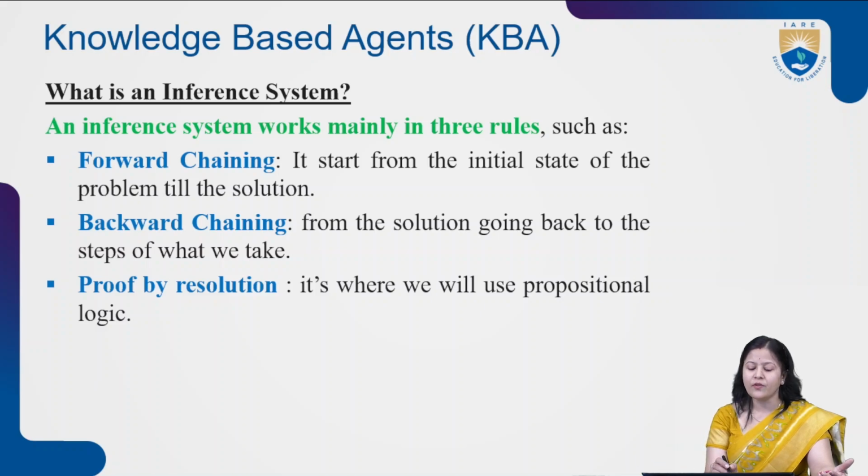Backward chaining goes from the solution back to the steps we took. That means the goal has already been achieved, but what was the observation, what was done by the agent, can be derived using the backward chaining process. And proof by resolution is where we use propositional logic, like negation, implication, conjunction or disjunction.